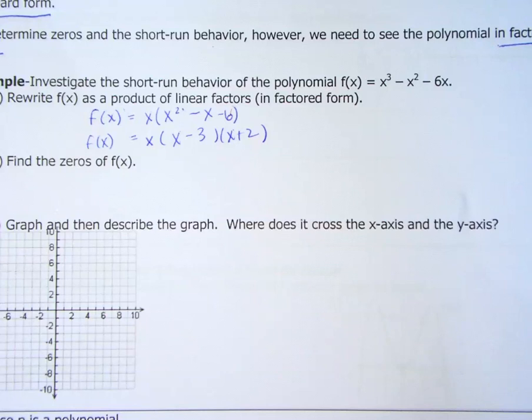For an odd number of repeats, so you can look at this example, the quantity x plus 1 cubed, that would be an odd number of repeats because we have an odd exponent. What happens here is your graph will cross the x-axis at that zero, but it will look flattened there.